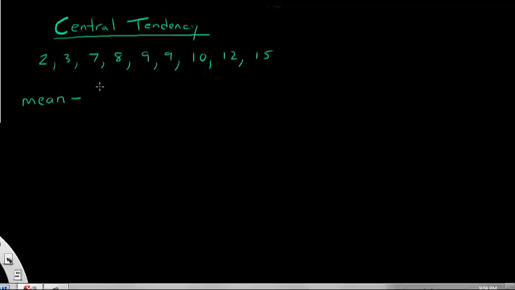And all that is, we add up the total of all numbers in the data set. Actually, I should say the sum of all values over the number of actual values.